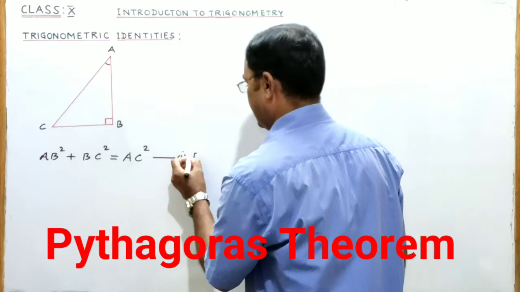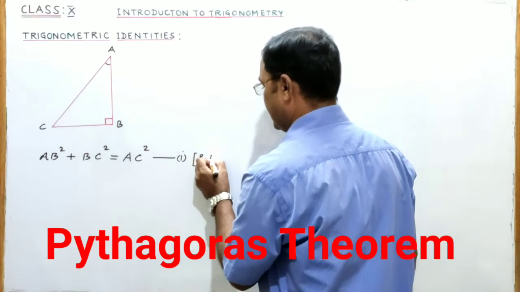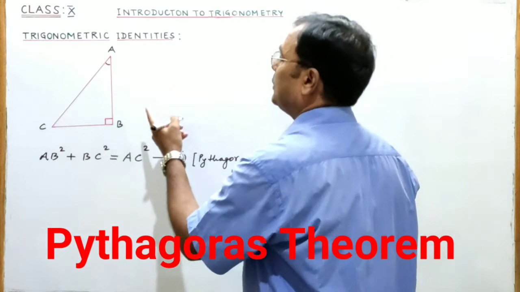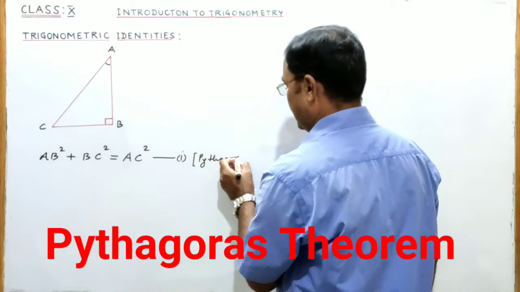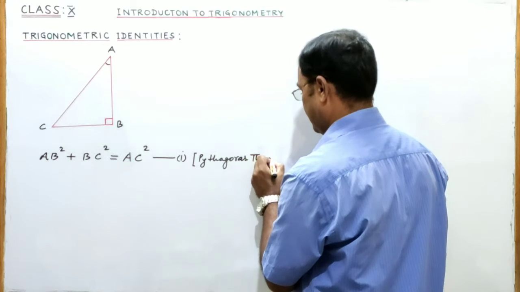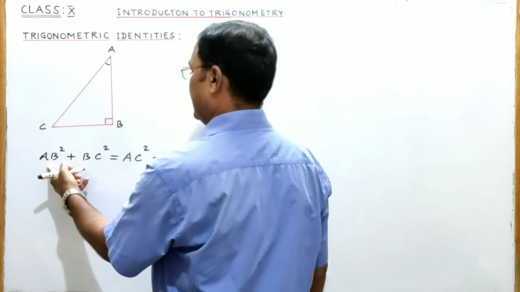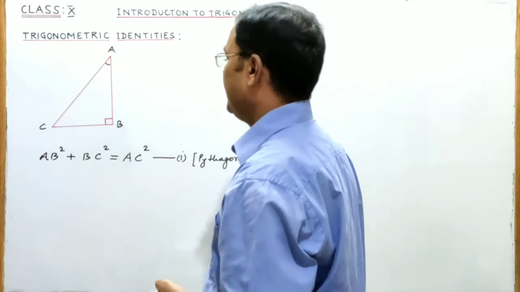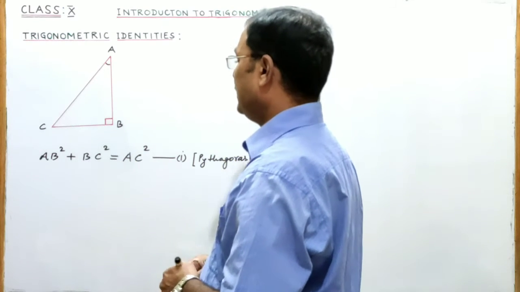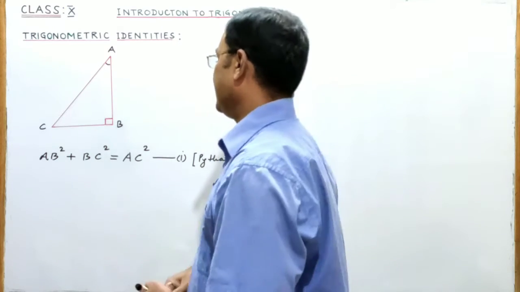This is the relation which we have written from Pythagoras theorem, that states that the square of the hypotenuse is equal to the sum of the squares of the other two sides. Now let us divide this equation throughout by AC square.